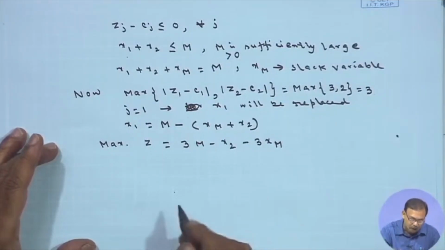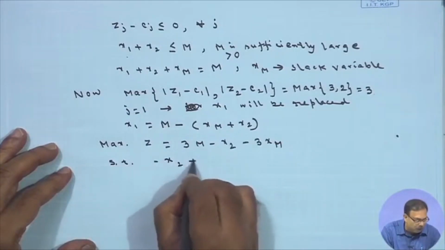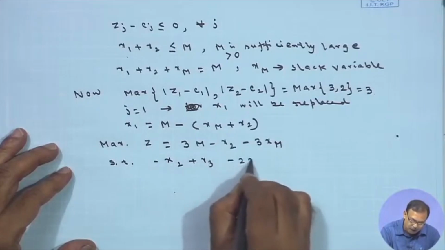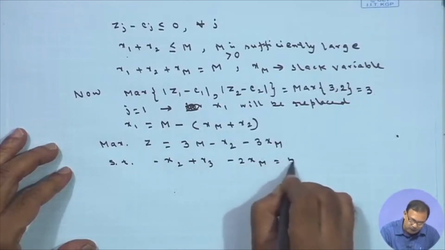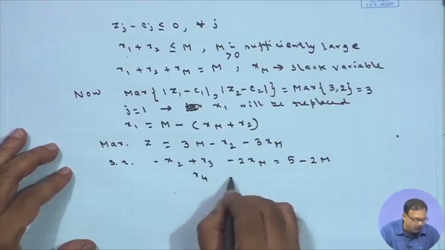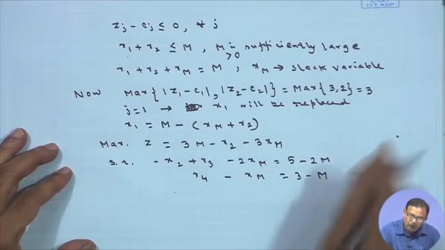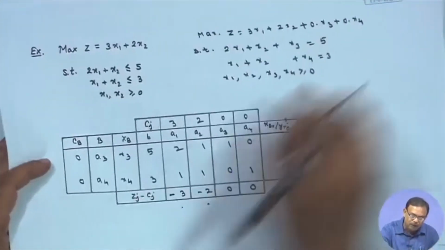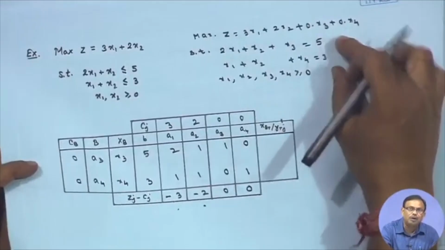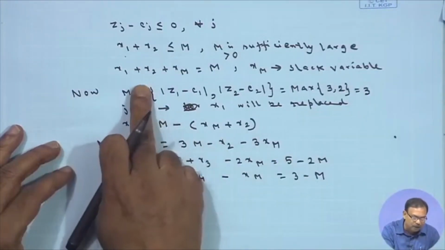Subject to minus x 2 plus x 3 minus 2 x m equals 5 minus 2 m, x 4 minus x m equals 3 minus m. You got this from these two equations of the original problem, and you have added one more constraint here.